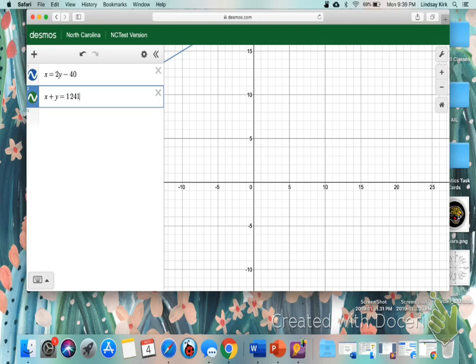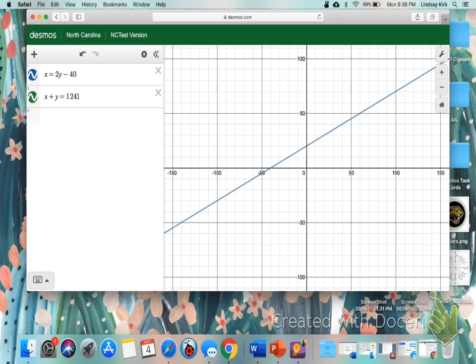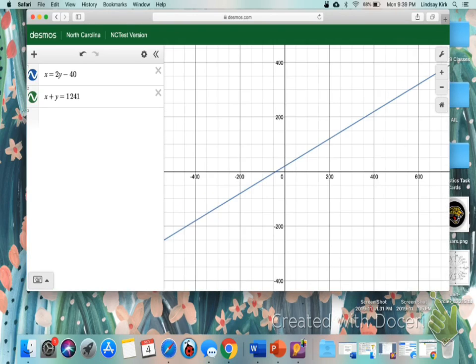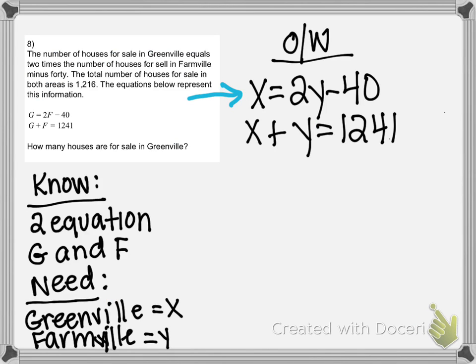Now again, this is going to be zoomed out, so we're going to need to adjust this. Okay. I think this one is going to work for our purposes here. If I change this, what was the other one? 1216.